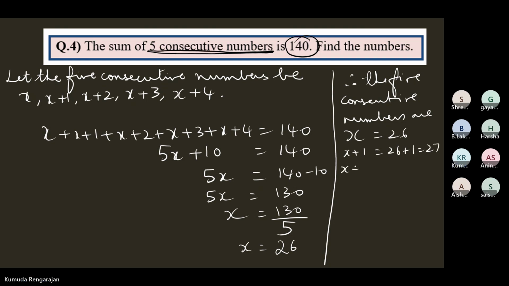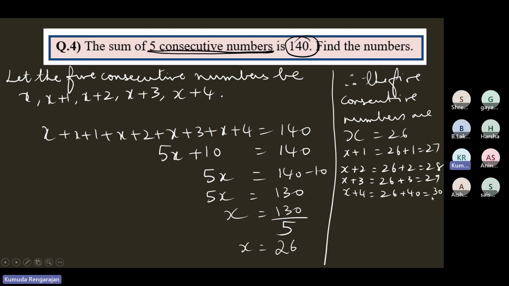Then x plus 2, that is 26 plus 2 is equal to 28. x plus 3, 26 plus 3 is equal to 29. And x plus 4, 26 plus 4 is equal to 30. Very good. Therefore, the numbers are 26, 27, 28, 29, and 30. Very good, Harsha. Thank you.